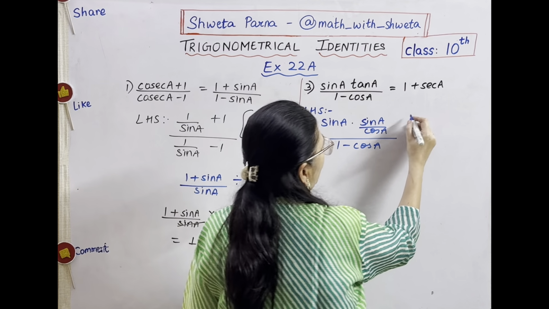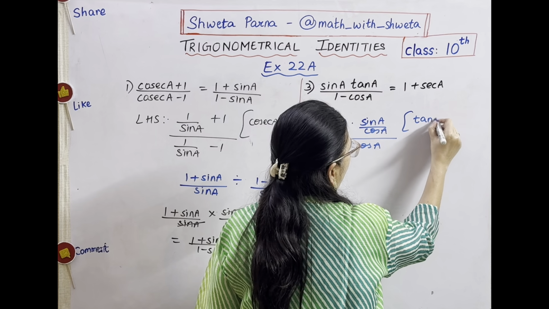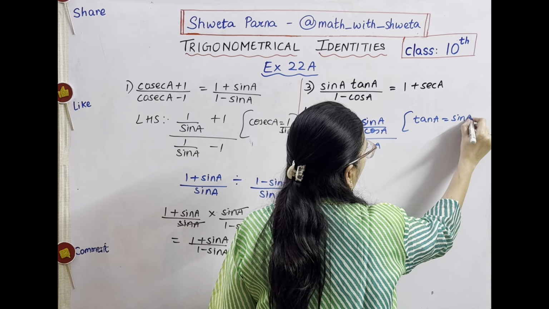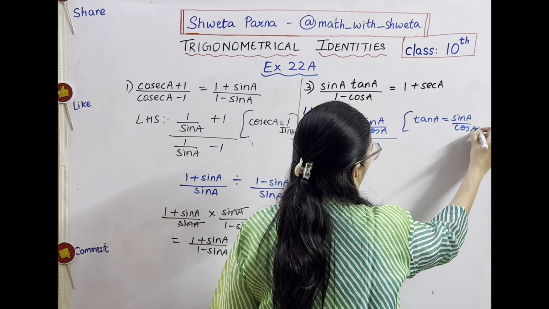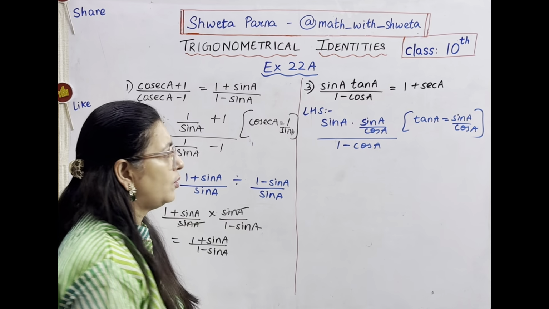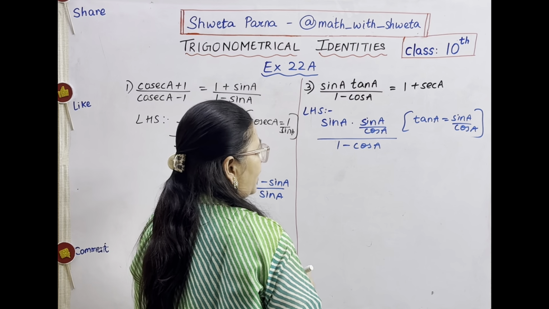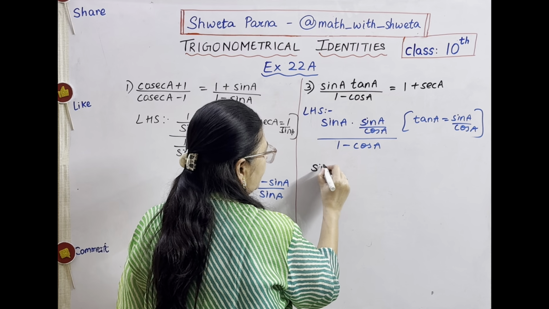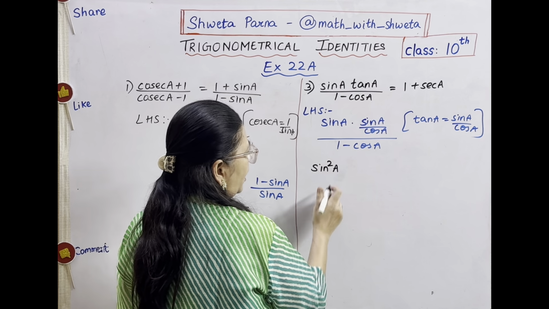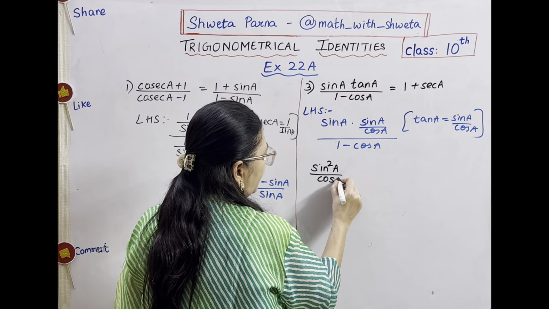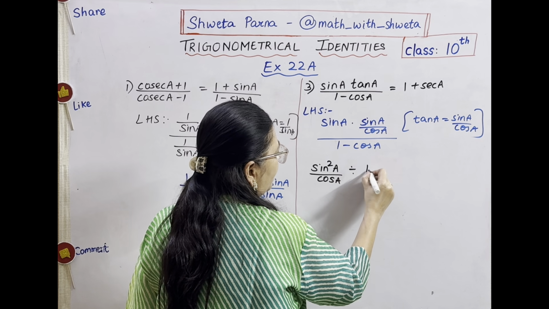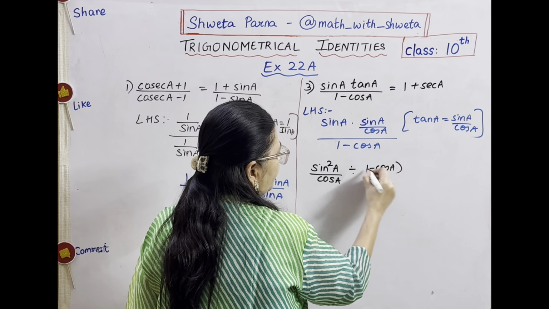So here you will write tan A is equal to sin A upon cos A. If you don't write this, you will lose marks. So this will become sin A into sin A, which is sin square A, upon cos A, divided by 1 minus cos A.